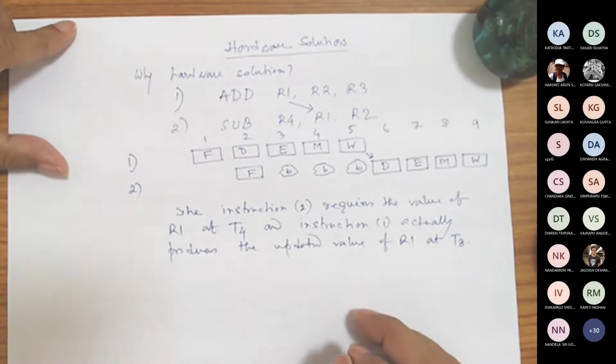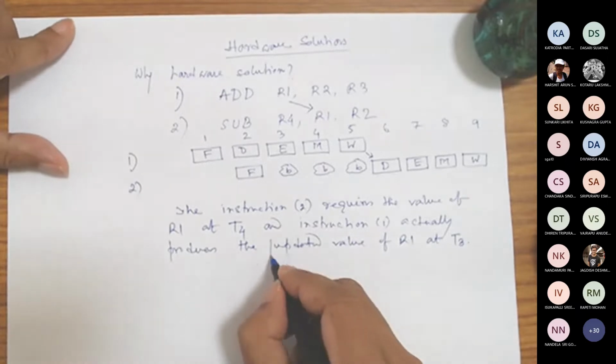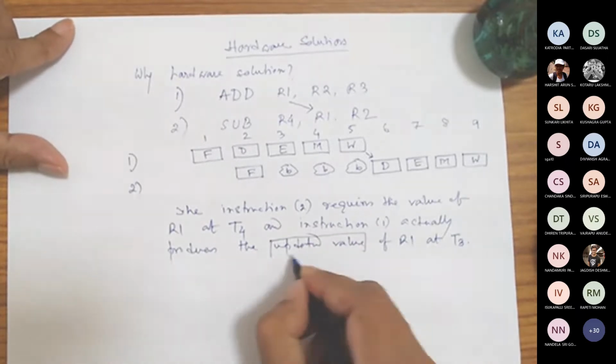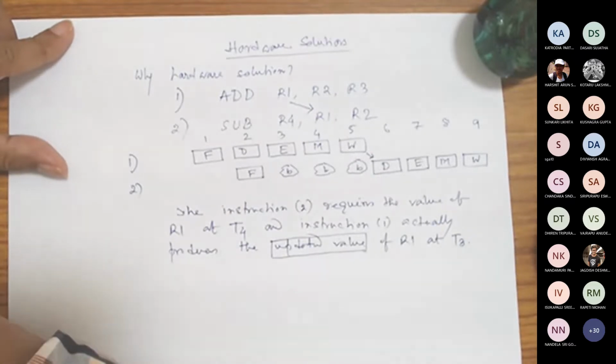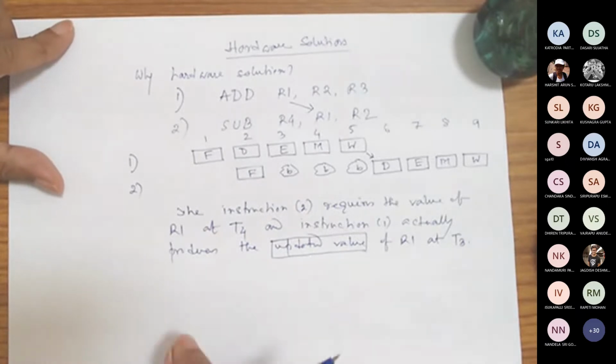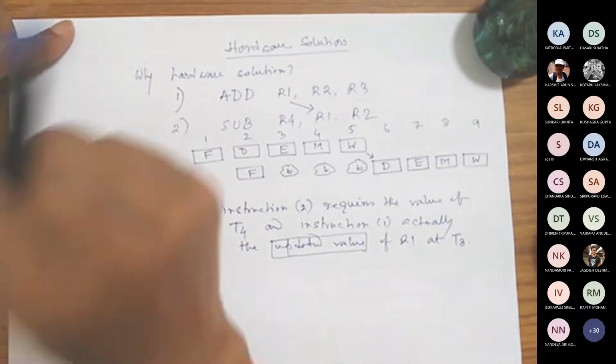That's why I'm writing updated value, which is the final value of R1 as per the first instruction. Whether it will be written back or not, the value is correct. The correct value of R1 is available at the end of clock cycle 3. And the correct value of R1 needed for the second instruction is at the beginning of the 4th clock cycle.